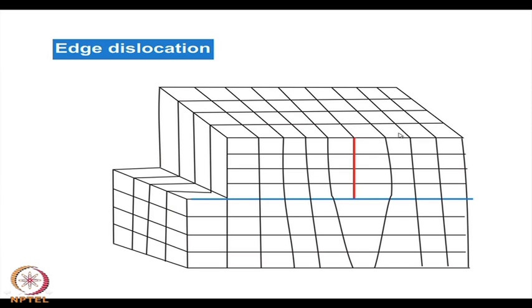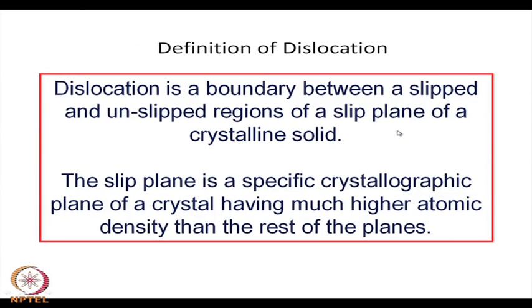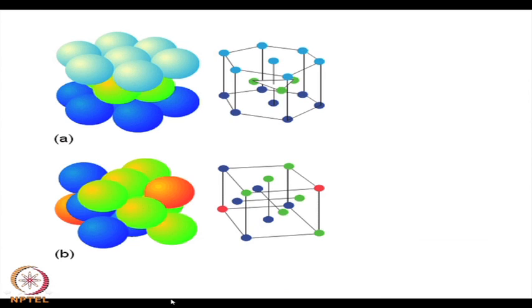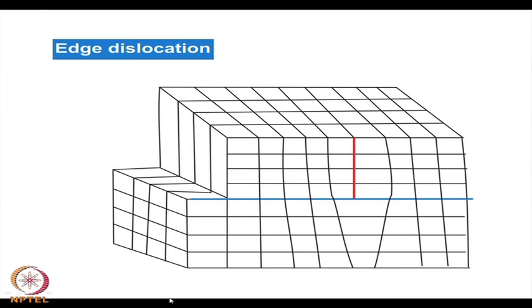So, coming back to the definition, the dislocation is a boundary between slipped and unslipped regions of a slip plane of a crystalline solid. It lies on the slip plane, with the slipped portion on this side and the unslipped portion on the right side.